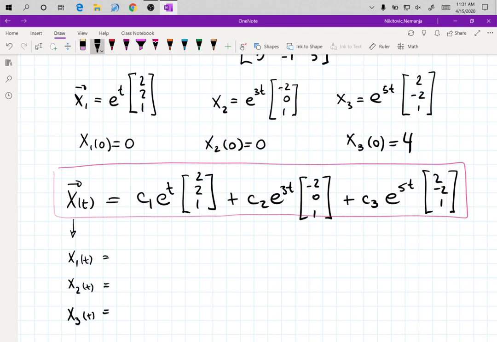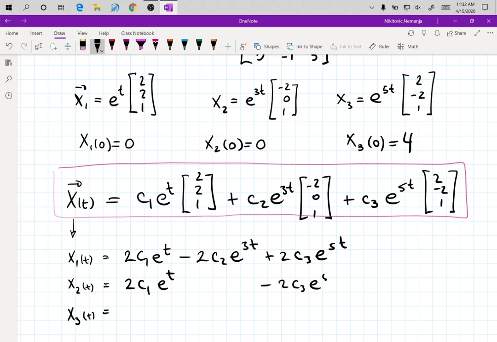So 2c1 e to the t minus 2c2 e to the 3t plus 2c3 e to the 5t, and that's your first row. Then we have 2c1 e to the t. Now this one is 0, so I'm just going to leave a hole there, minus 2c3 e to the 5t. And finally 1 times c1, so c1 e to the t plus c2 e to the 3t plus c3 e to the 5t.